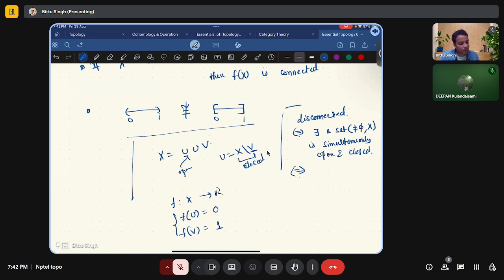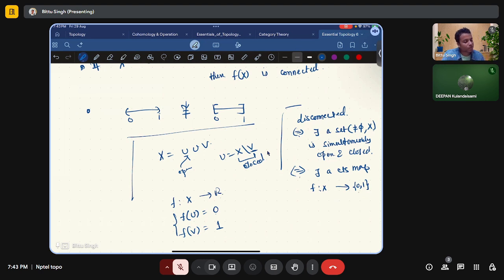So disconnected implies there exists a continuous onto map from X to {0, 1}, as a subspace of the real numbers. And similarly, the converse is also true. Suppose there exists a continuous map from X to {0, 1}.